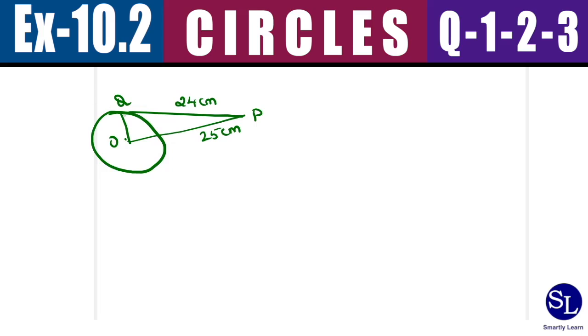The property we know is that the tangent is perpendicular to the radius at the point of contact. We don't know the radius, but because this is 90 degrees, we will apply the Pythagoras theorem. So OQ square is equal to OP square plus PQ square.